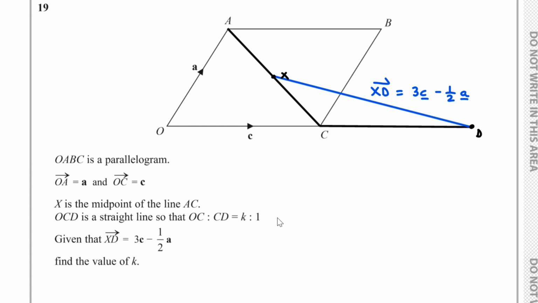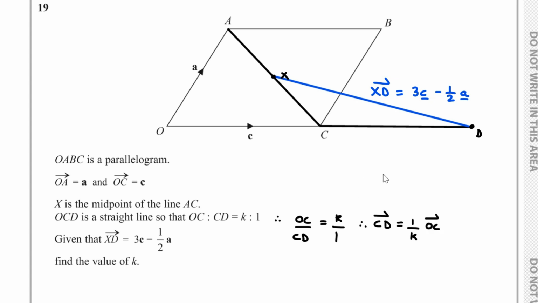So this tells us, well, if I work out OC over CD, this is equal to K over 1, and therefore you can see here CD is equal to 1 over K lots of OC.